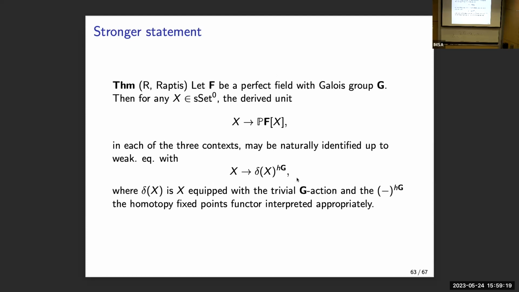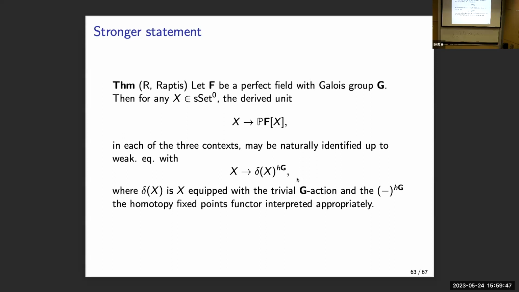For any reduced simplicial set X, this derived unit in each of the three contexts may be naturally identified up to weak equivalence with the map from X to the homotopy G fixed points of X, considered as a simplicial set with the trivial G-action.